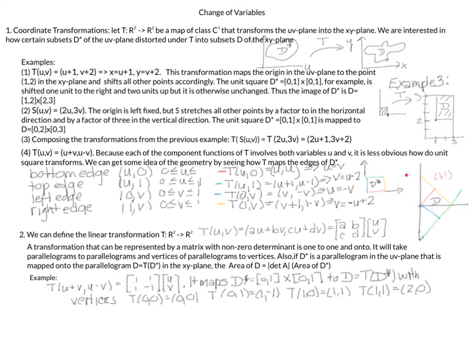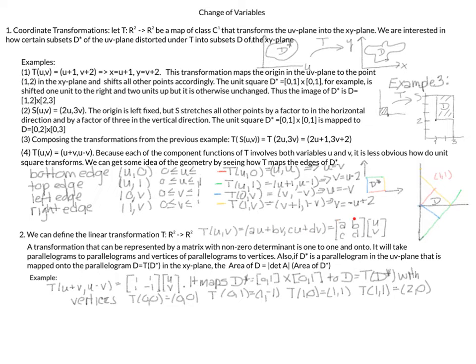This could have been done even easier because this is a linear transformation, and linear transformations can be represented by matrices. And what do I mean by a linear transformation? It means each of your variables u and v can be multiplied by a scalar, a and b, and then they can be added together. So here, for the first term, you get a times u plus b times v, and then for your next term, again, you can multiply each variable by a scalar and then add them together.